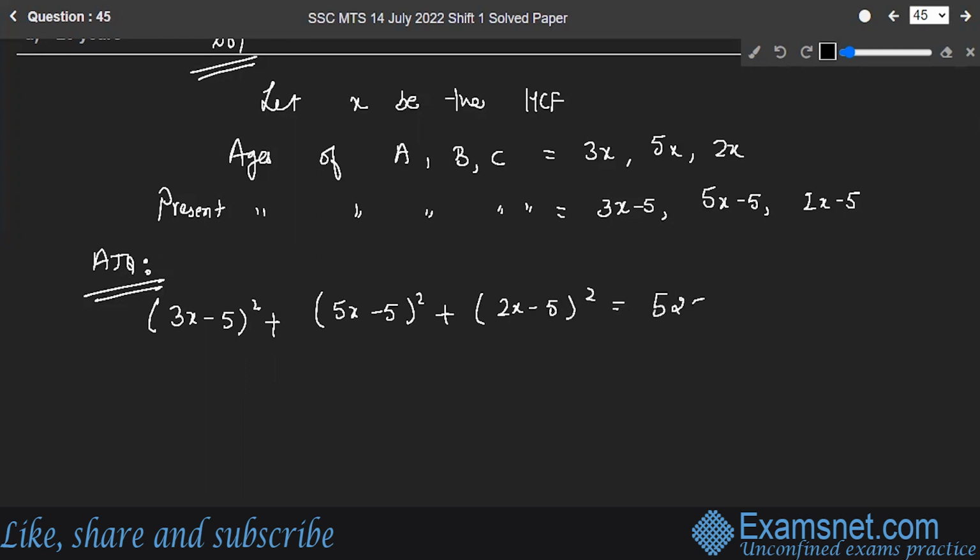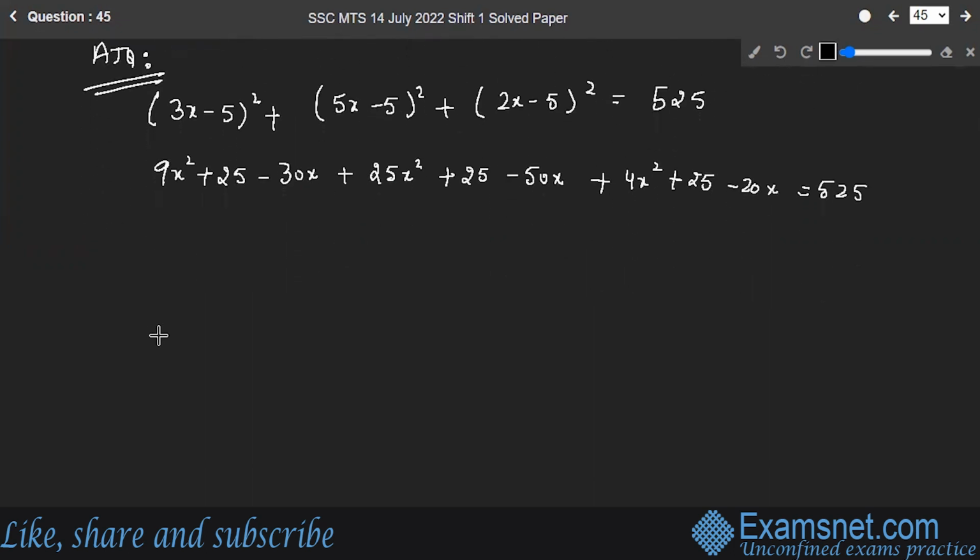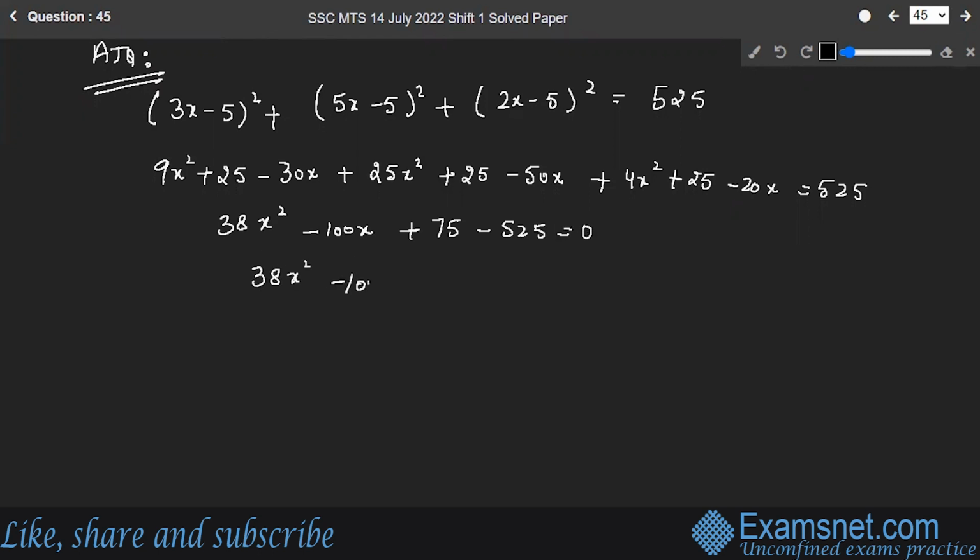is equal to 525. Let's open up the squares. 9x square plus 25 minus 30x plus 25x square plus 25 minus 50x plus 4x square plus 25 minus 20x is equal to 525. Let's add up the like terms and you will get 38x square minus 100x plus 75 minus 525 is equal to 0. 38x square minus 100x minus 450 is equal to 0.